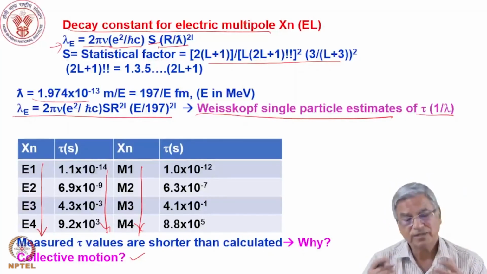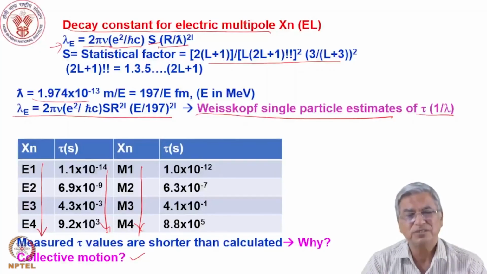The fact that the experimental values of the half-lives of certain states are much lower than the single particle estimates by Weisskopf gave rise to the speculation that, apart from the single particle model, where nucleons move in specified orbitals, the nucleus as a whole is undergoing collective motion, and it also has collective states like vibrational states and rotational states.